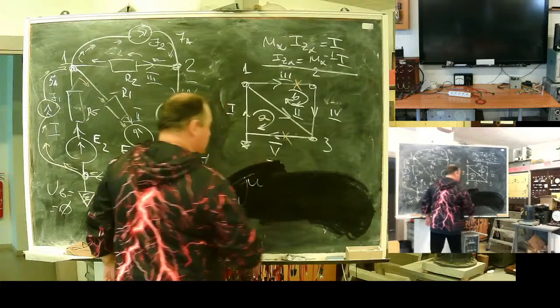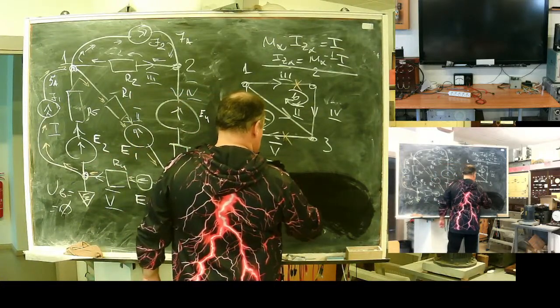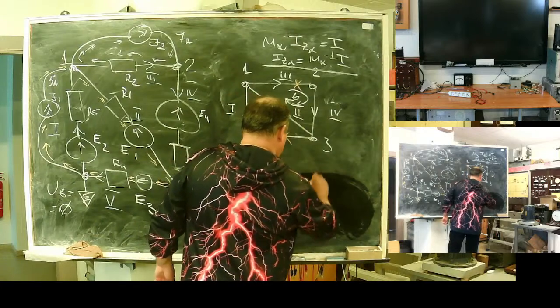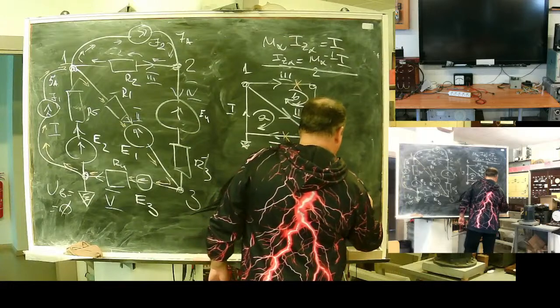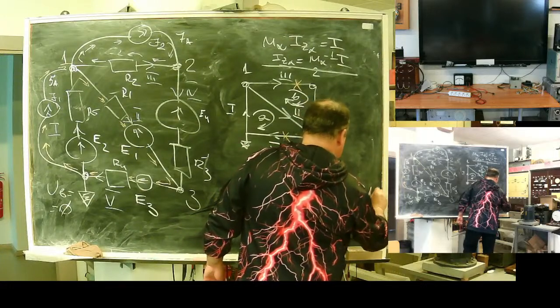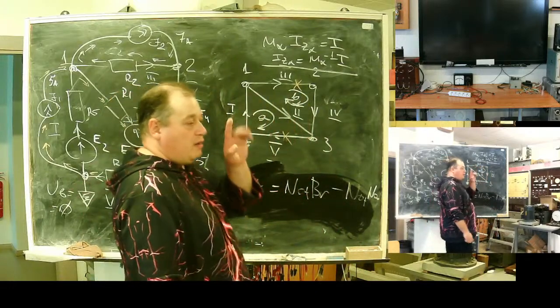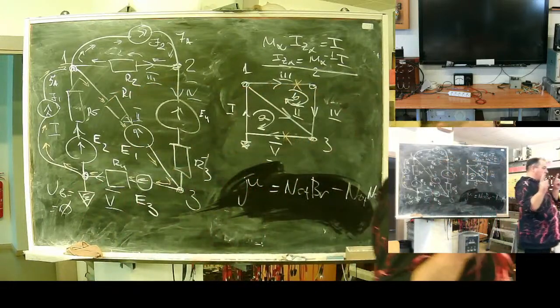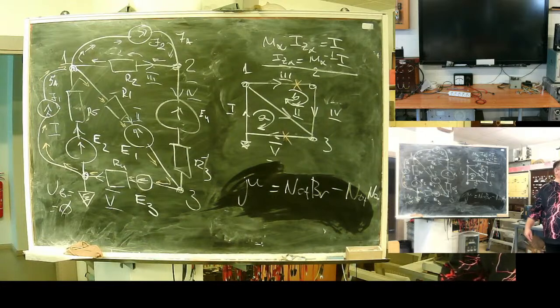Mu, the cyclomatic number, is the number of branches minus the number of nodes, or the number of columns in the M matrix minus the number of rows. To get a solvable system, I need a square matrix.